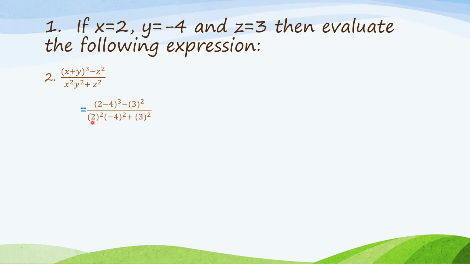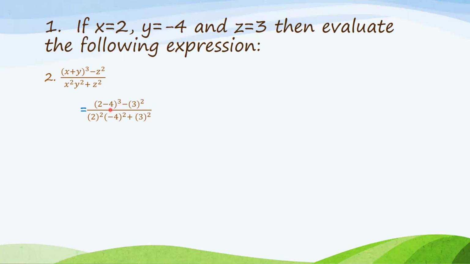What about 2 square? 2 into 2 is 4. What about 3 square? Now don't make any mistake there. Students, this is not 3 into 2, 6. It is 3 multiplying twice. So 3 3s are 9 in the numerator.